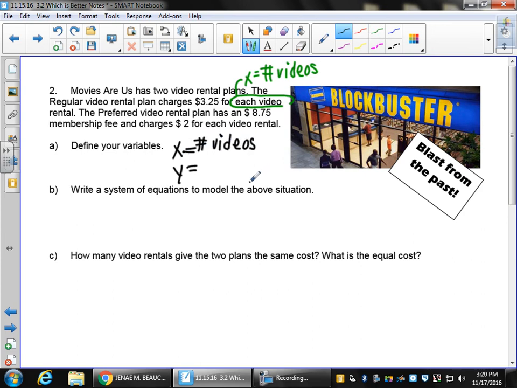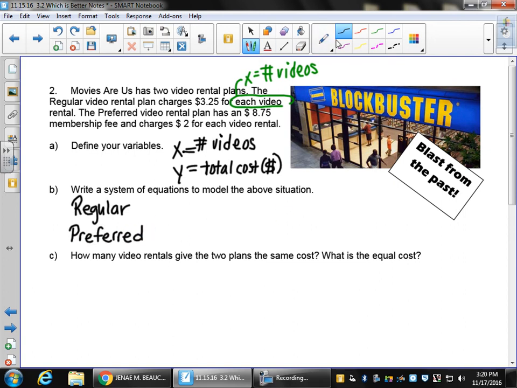Once you know the number of videos you're renting, you know the total cost of your plan. What are we comparing here? Reading it through again, I see mention of 2 different plans, the regular plan and preferred plan.